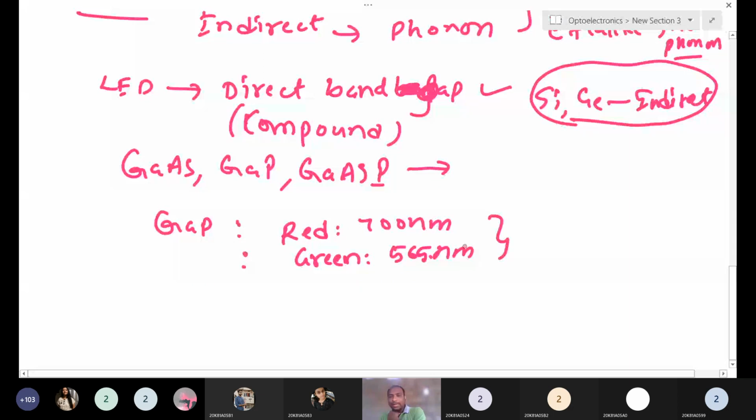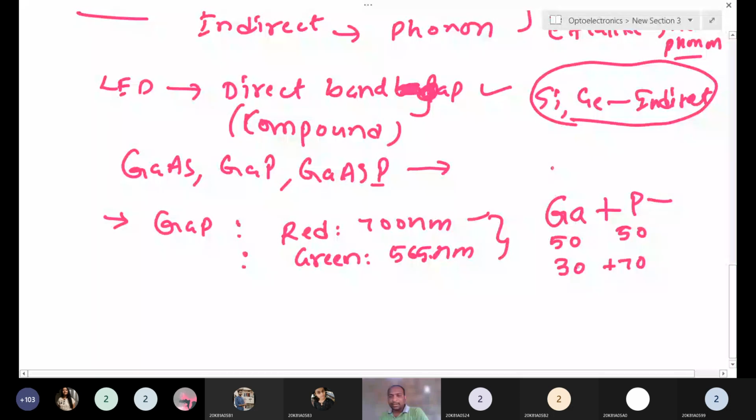Suppose gallium is there and phosphide is there. Depending on the percentage of each element, suppose 50% and 50%, that is one composition; suppose 30% and 70%, or 40% and 60%, that is a different composition. When the doping or composition changes, the band gap changes.